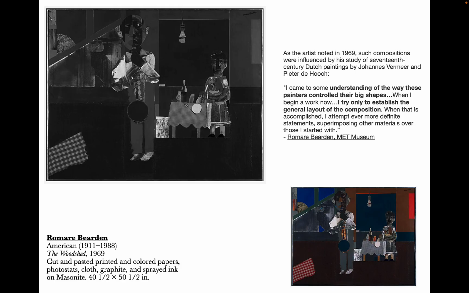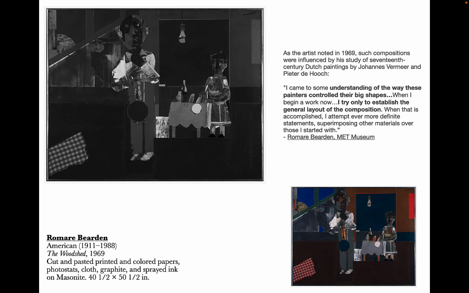And I found this on the Metropolitan Museum of Art website. It says Romare Bearden was studying Dutch paintings, 17th century Dutch paintings of Johannes Vermeer. And these are very realistic representational paintings. And you might not know that by looking at Romare Bearden's work.